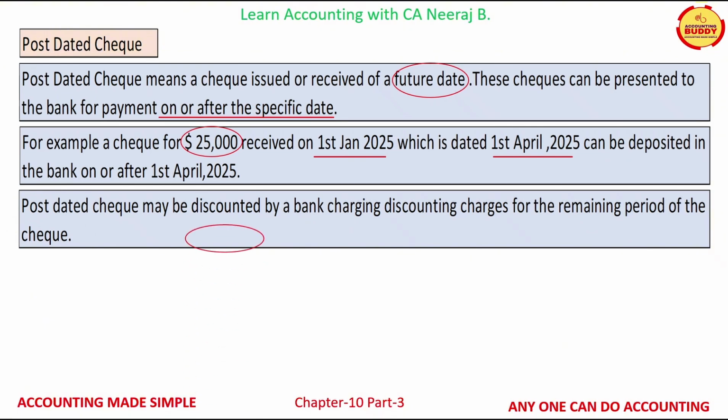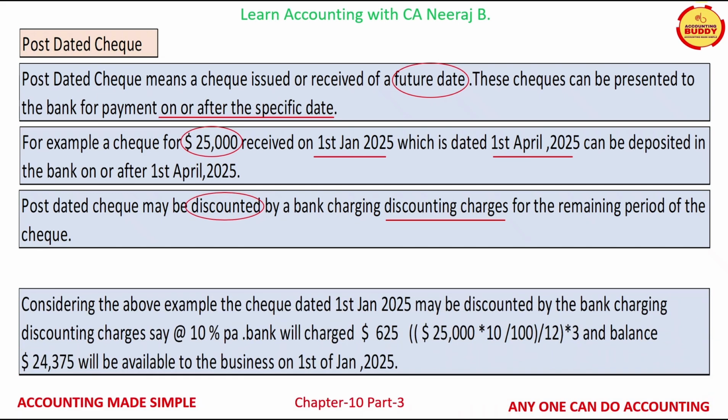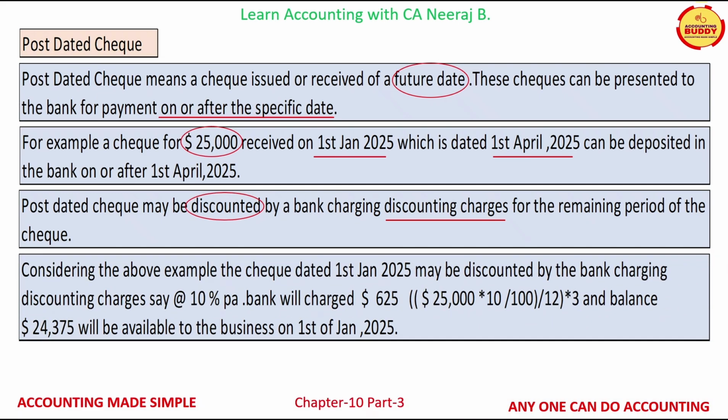A post-dated check may be discounted by a bank after charging discounting charges for the remaining period of the check. Considering the above example, the check dated 1st January 25 may be discounted by the bank after charging discounting charges, say 10% per annum. In this case, the bank will charge $625 and the balance $24,375 will be available to the business on 1st of January itself.